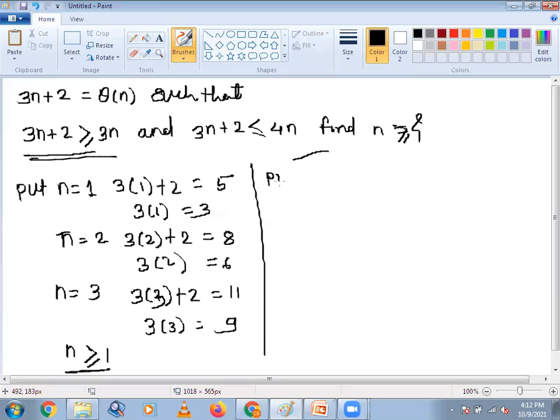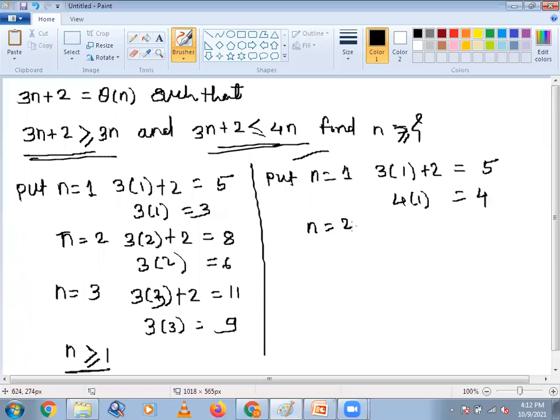Put n is equal to 1 for this equation. Then 3 into n plus 2, that is 3 into 1 plus 2, is equal to 5. Then 4 into 1 is equal to 4.